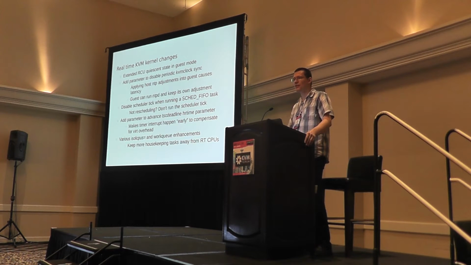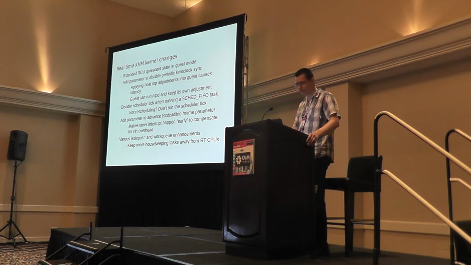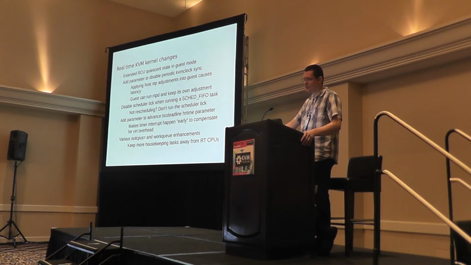There was something in the no-hertz code that marked the CPU as being quiescent for RCU, which means the CPU would not get poked to run callbacks or to move on to other grace periods when running user space code. That code was not yet active when running in guest mode, so we added that. There's a parameter to disable syncing of the KVM clock with NTP changes on the host.